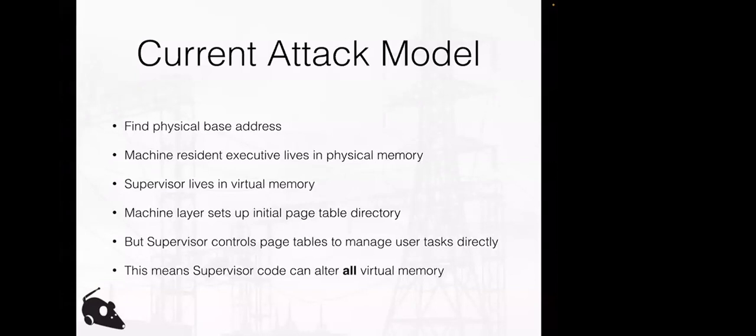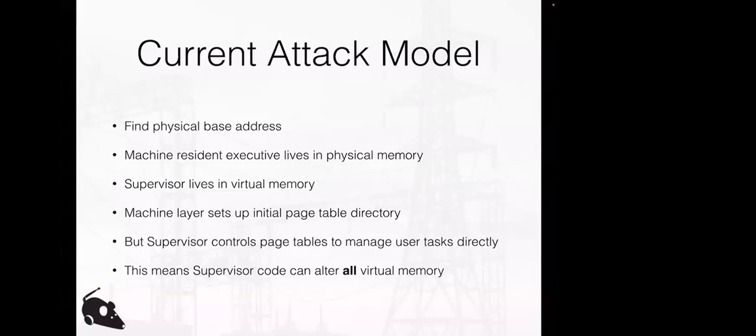But that also gives that layer of privilege an opportunity to say, hey kernel, you can only use this segment of physical memory, and I'm going to virtualize it for you, tell you how to use it, and slice it off for applications.